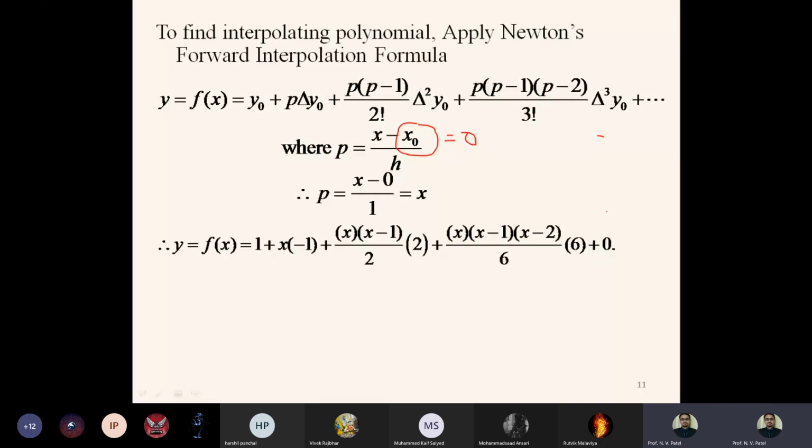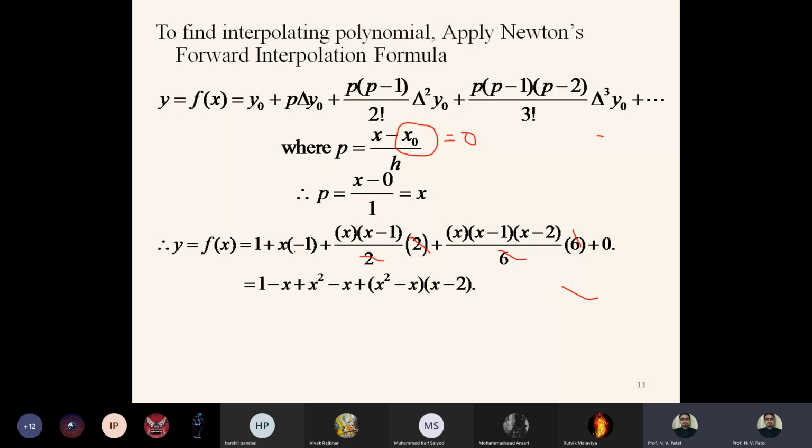Now replace all these tabular values into your formula. y0 is 1, plus x into minus 1, plus x into x minus 1 by 2 factorial into 2, and next x into x minus 1 into x minus 2 upon 6 into 6, and so on. But the fourth values are 0, so all the next terms are 0. Now keep x as it is and simplify. Here the 6 gets cancelled, and this 2 also gets cancelled. So it is 1 minus x.